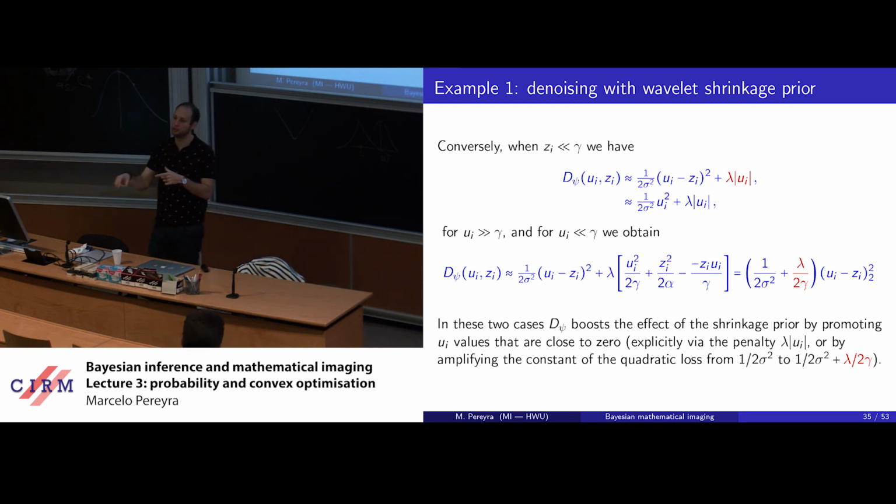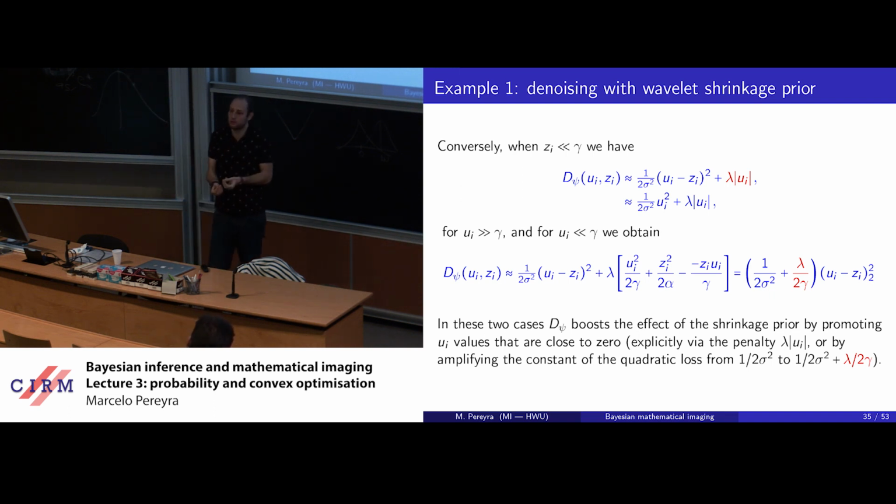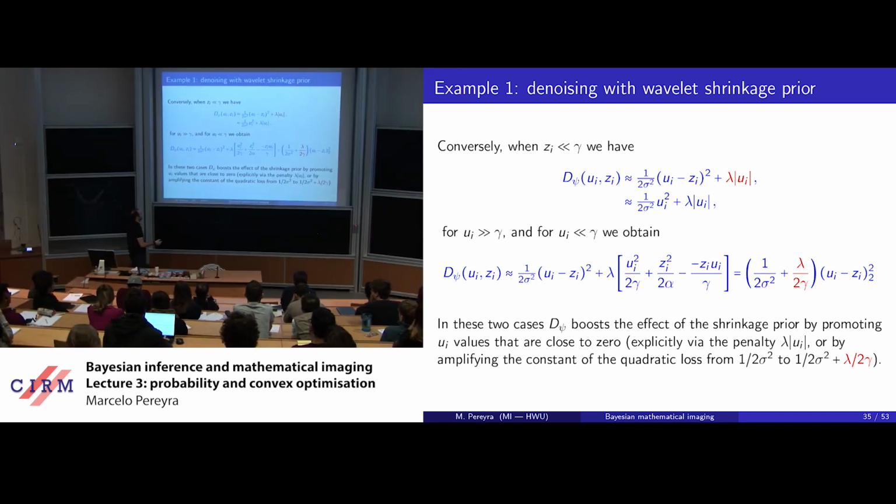It will promote solutions that are summarizing this in a way that promotes really small values of z that are equal to 0, in fact, in this setting, and very close to 0 in this setting.